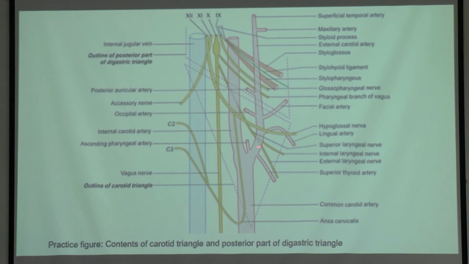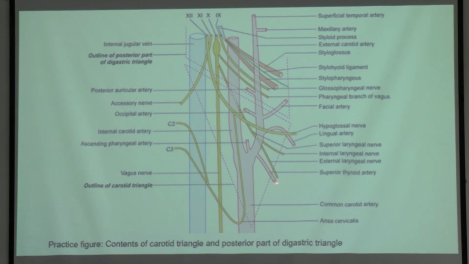The external carotid artery within the neck gives so many branches. Within the carotid triangle, we can see these branches.